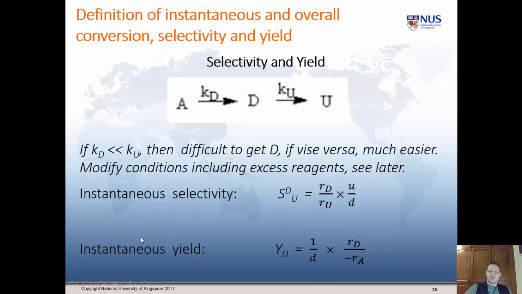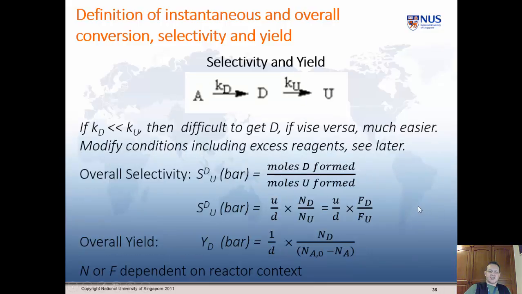Again, the same as previously, and the instantaneous yield like that. So there's nothing particularly new there. We're sticking with this scenario now and looking at, on the next slide, the definitions of overall selectivity and overall yield.